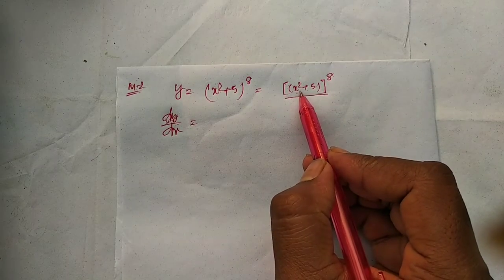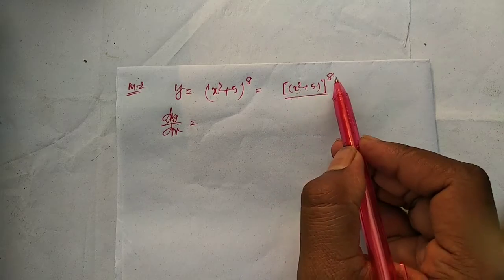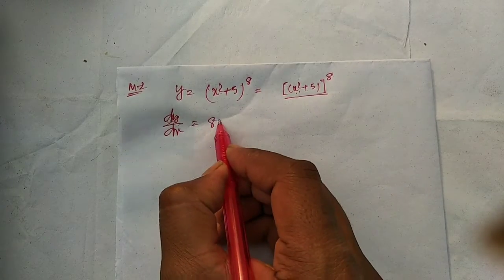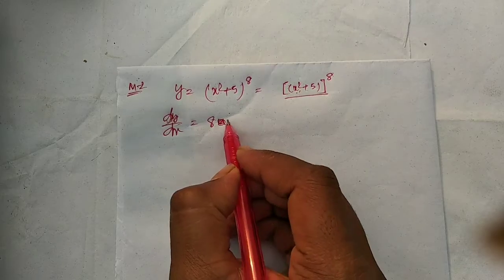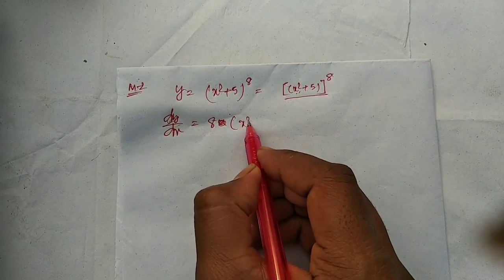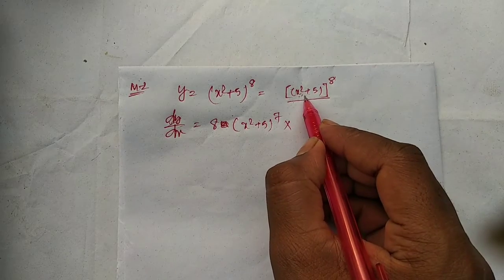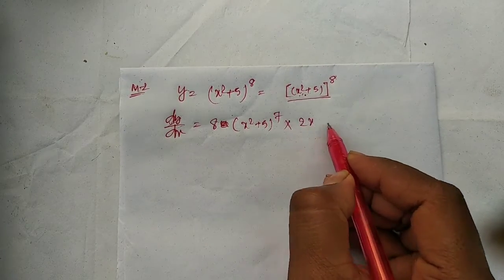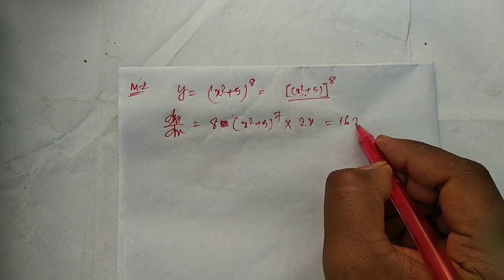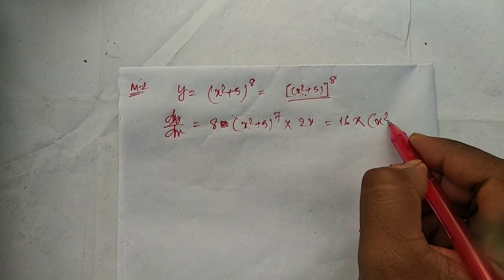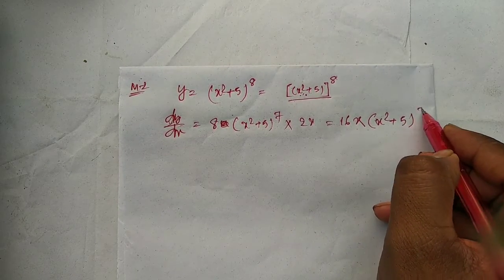Let's say this is u to the power 8. This will be 8 u to the power 7, so just replace the value of u. Again, the derivative of the small bracket with respect to x is 2x.